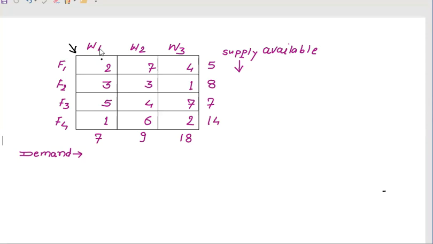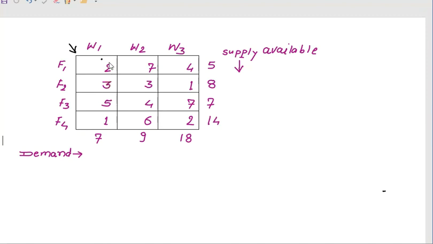And requirements at these three warehouses: requirement at W1 is 7. Requirement of W2 for these goods is 9, and the requirement at W3 for these goods is 18. And 274, 331, 547, 162.